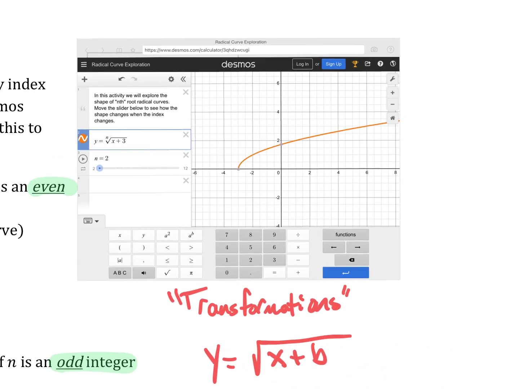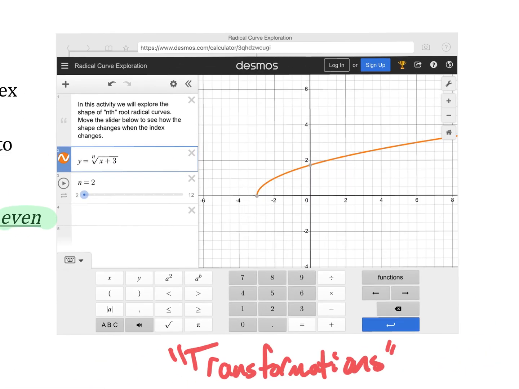All right. Okay, so what happens here if we take that? All right, let's get rid of that 3. Let's just put it back to square root of x. What happens if we have plus 1 outside the square root? Plus 2, plus 3, plus 4. See what's happening? It's going up, huh?